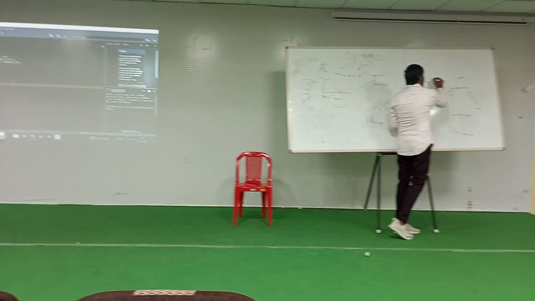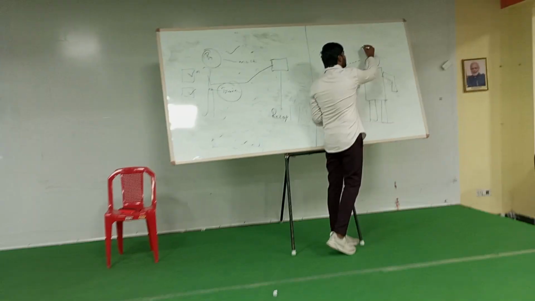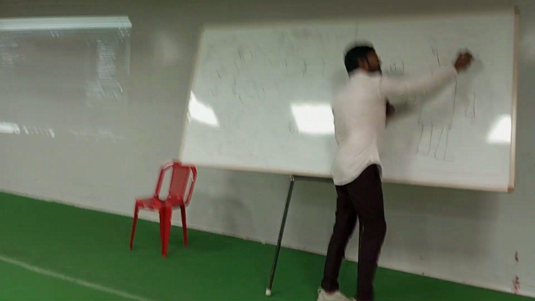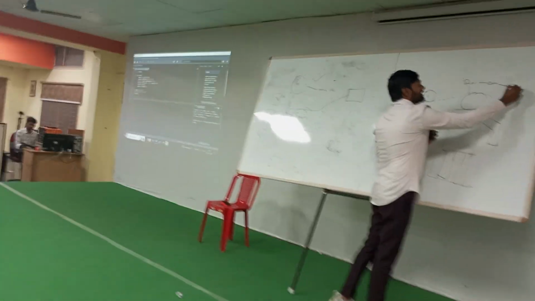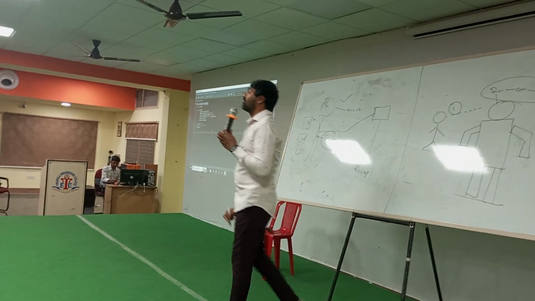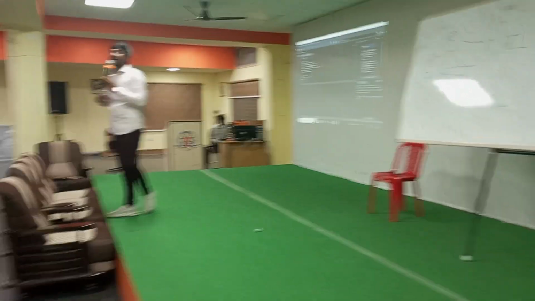This is the first process. The robot has to receive the voice and convert it into text. This is the first module of the AI program. First the robot has to receive your voice and convert it into a text format.